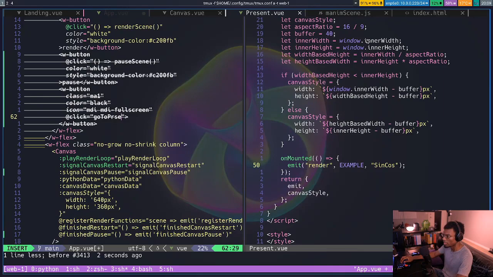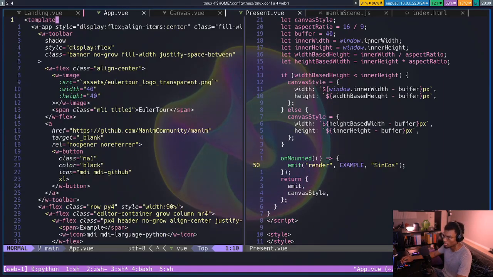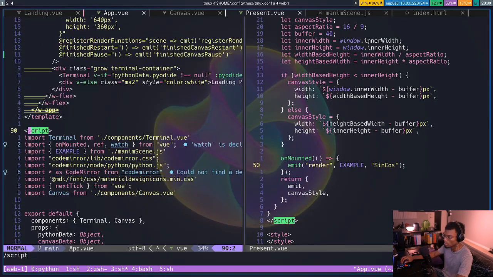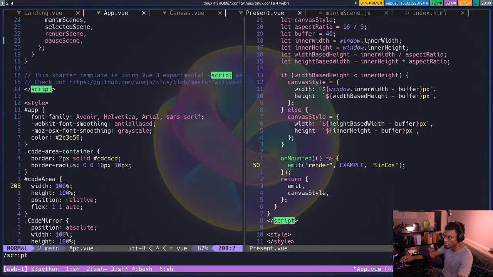Man, I hate not being able to type. Do this, go to present. I'll just put that function here.